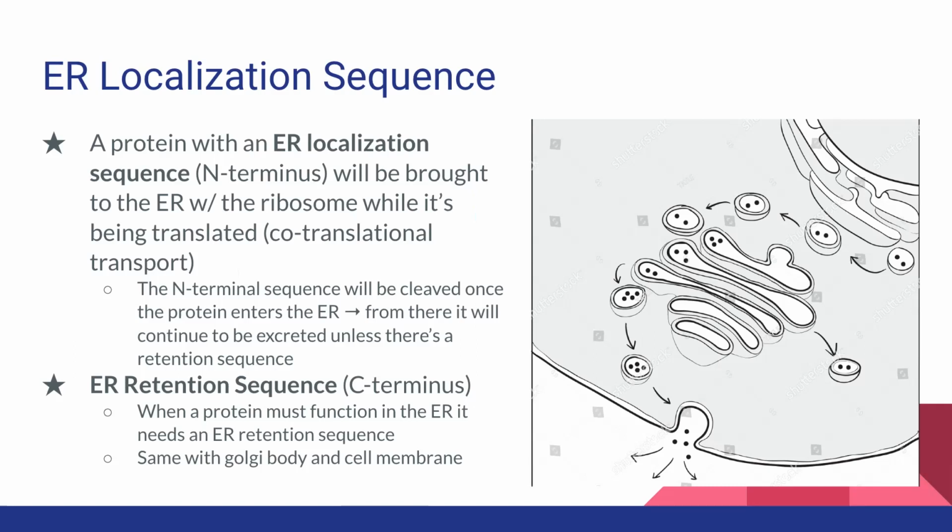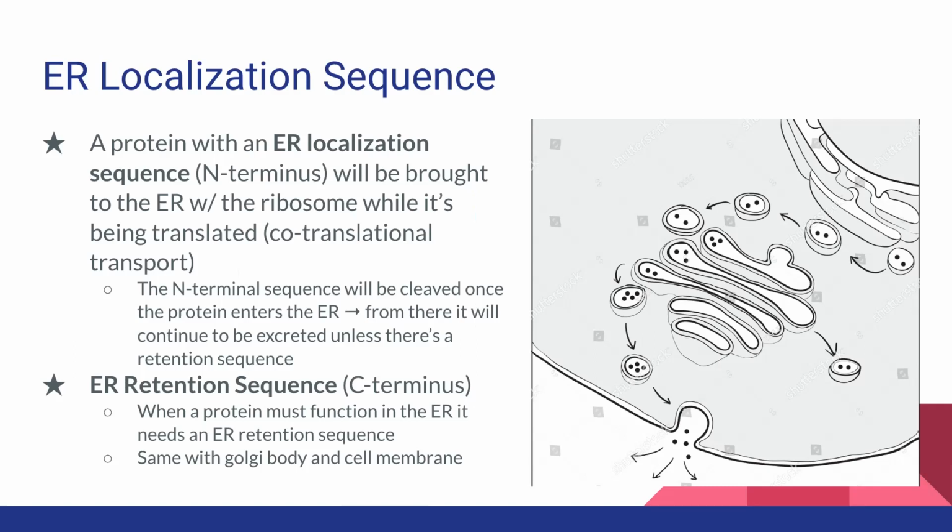Once the protein starts to enter the ER, that N-terminal ER localization sequence will be cleaved. And from there, either the protein will continue all the way through the endomembrane system and be secreted, or if it has a retention sequence, it'll end up somewhere within the endomembrane system.